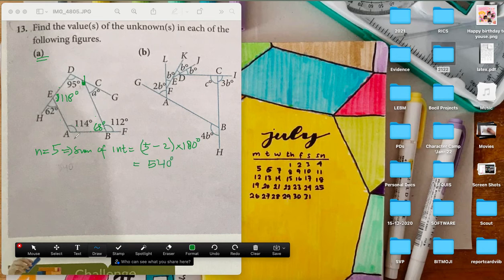So then the total of these interior angles has to be 540 degrees. So then I start to calculate. Let's say that is m that I'm to find first. M degrees equals 540 degrees minus everything here, 118 degrees minus 114 degrees minus 68 degrees minus 95 degrees.